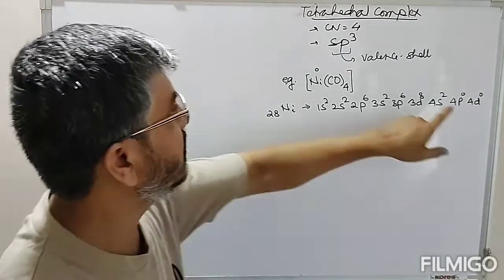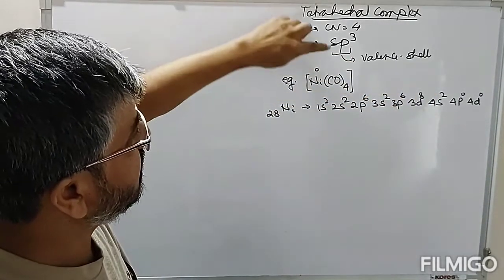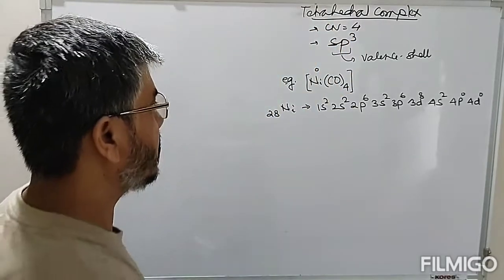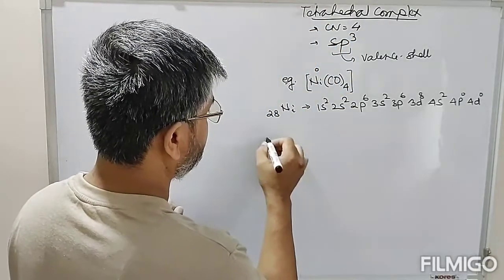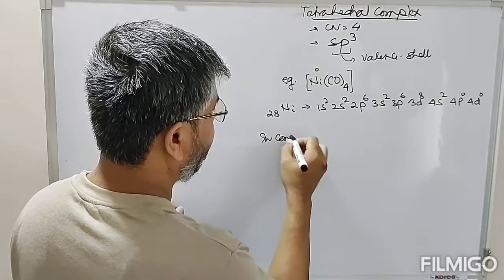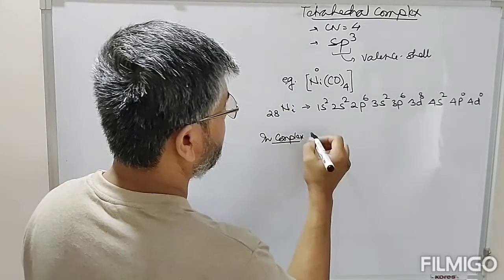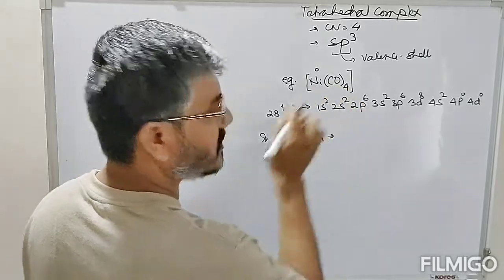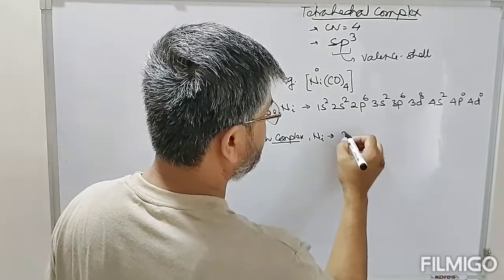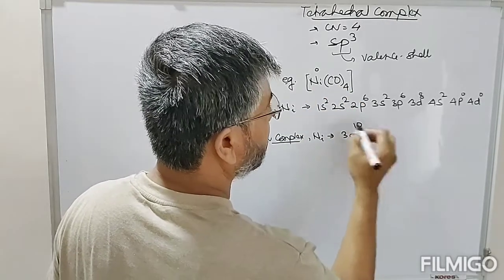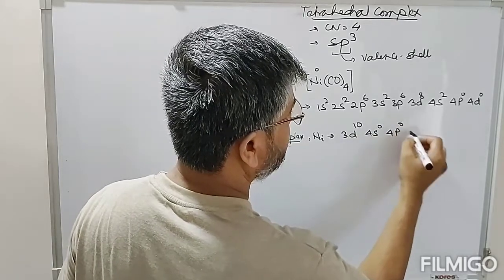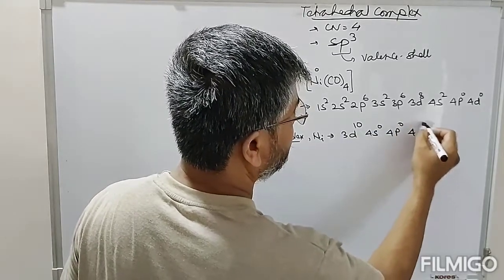Now look at this. This is the valence shell. We say the valence shell s and p orbitals will be completely freed up. So under the influence of the ligand in the complex, this nickel forms 3d10, 4s0, 4p0, 4d0.